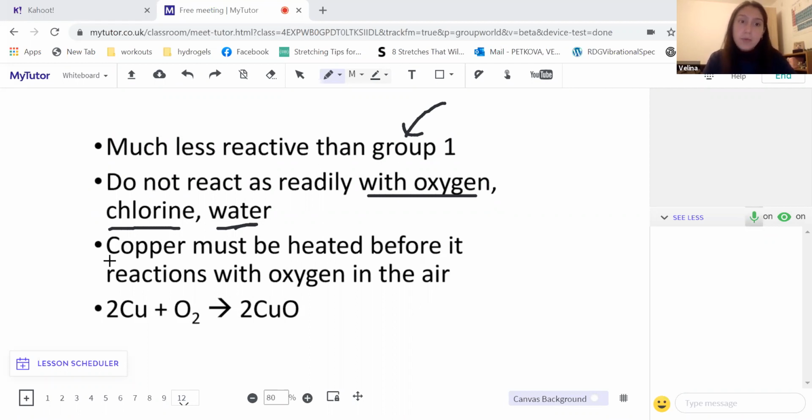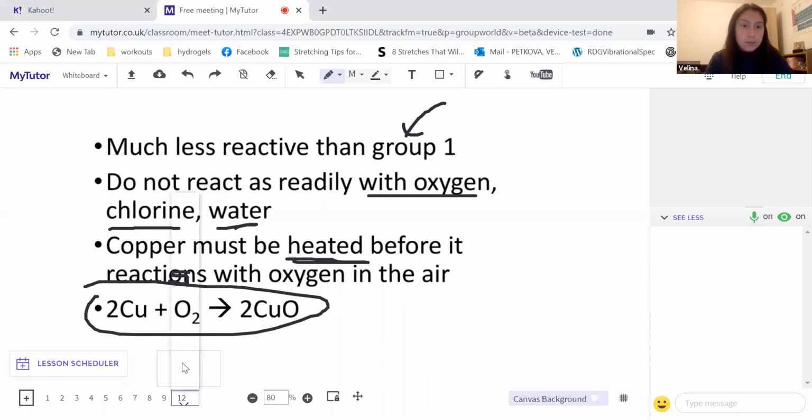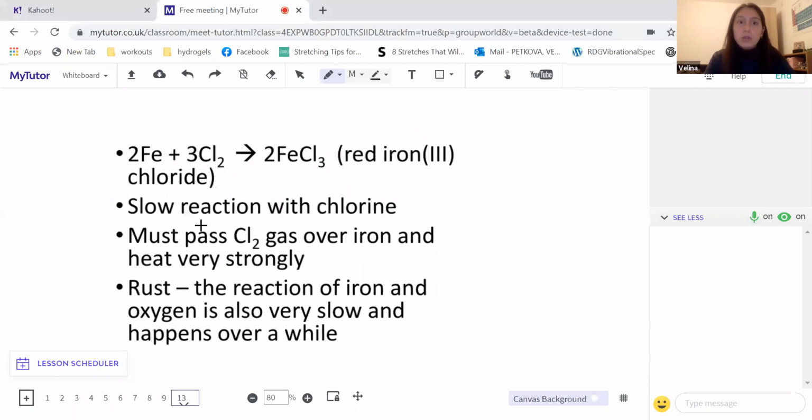So look, for example, copper must be heated before it reacts with oxygen in the air. So you need to heat this in order to get copper oxide. Okay, so look, the process with chlorine is also a very slow reaction. We need to pass chlorine gas over iron and heat it very strongly.